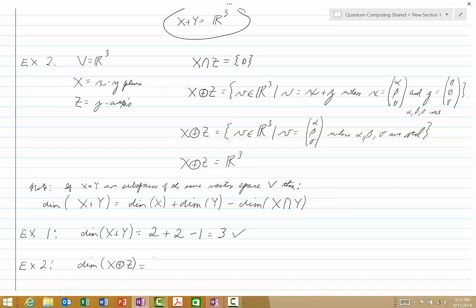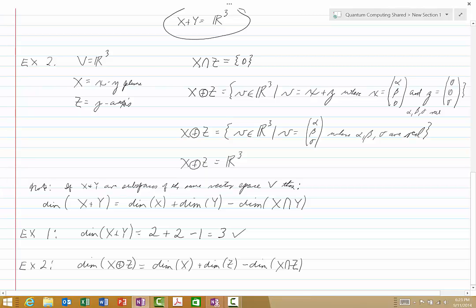When we use that terminology, direct sum, it tells us something additional about the sets. But a direct sum is a sum. So when we use this rule for direct sum, notice what we get: the dimension of X plus the dimension of Z minus the dimension of the intersection of X and Z.